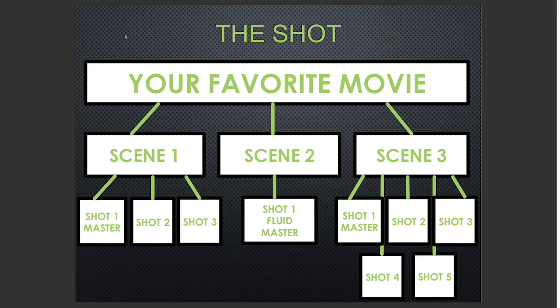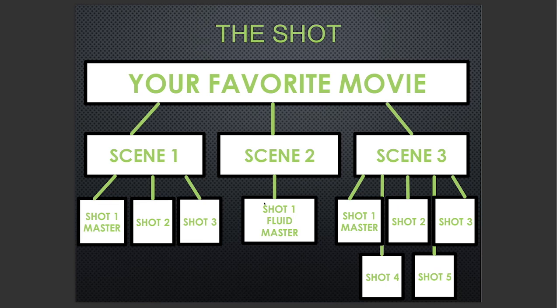In scene two, this is something new for you. We have a fluid master shot. So with this shot, it's one continuous shot that changes different shots in it, but again, there are no cuts. As you saw back in scene one, you have the master shot and then these other shots, so it gives you options to cut from this shot that shows everything to this detail to this detail.